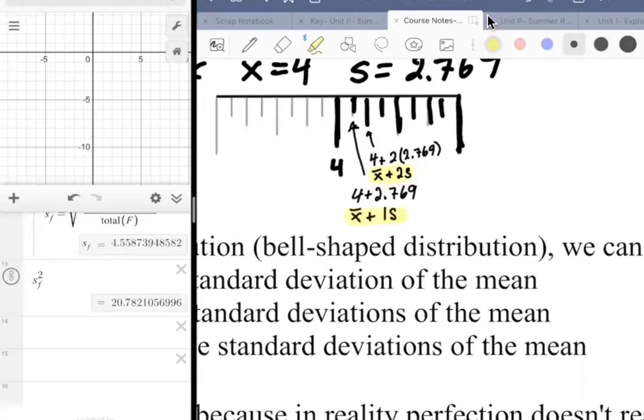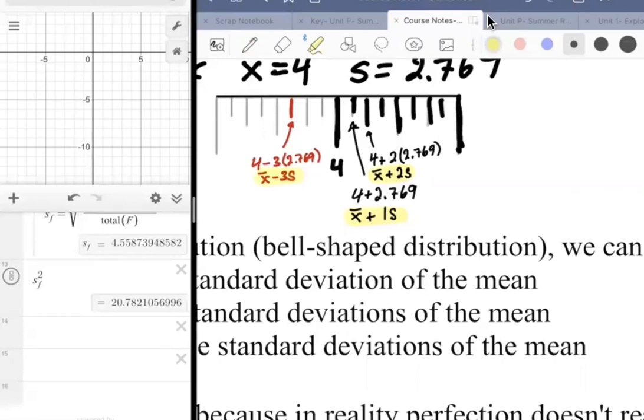All right, we could also go the other way. So for example, if I wanted to go to this location here, that's 3 steps to the left. So 1, 2, 3 steps. This one would be the same as saying 4 minus 3 of those standard deviations of 2.769. That's the same as saying X bar minus 3S.